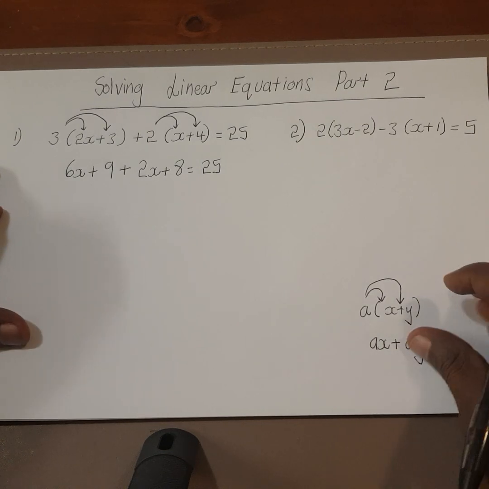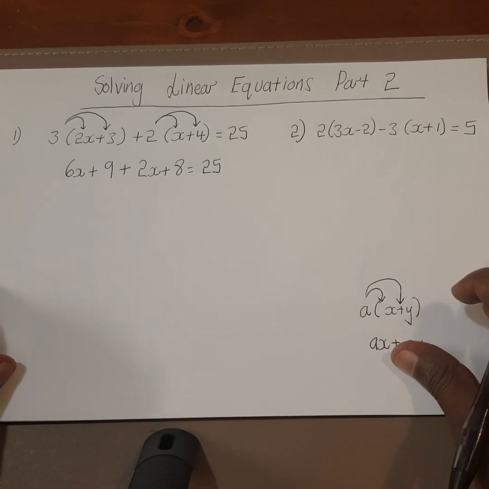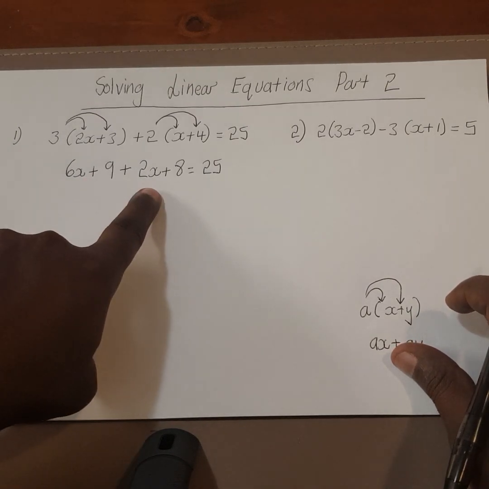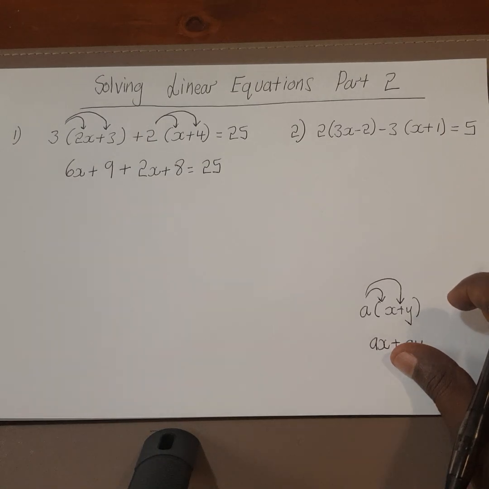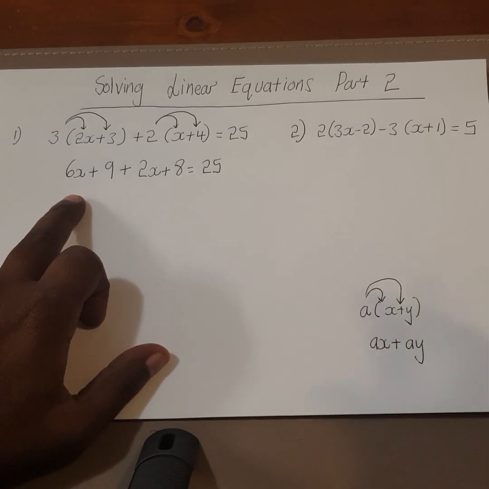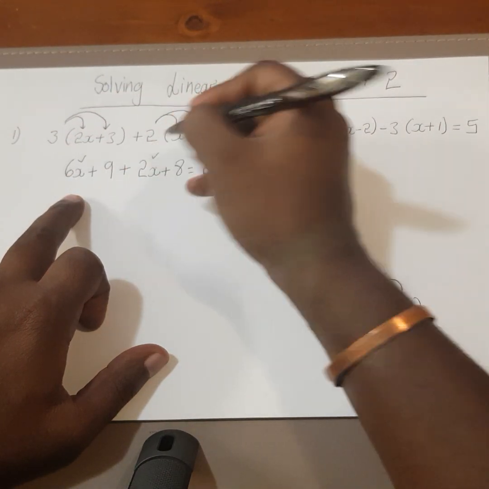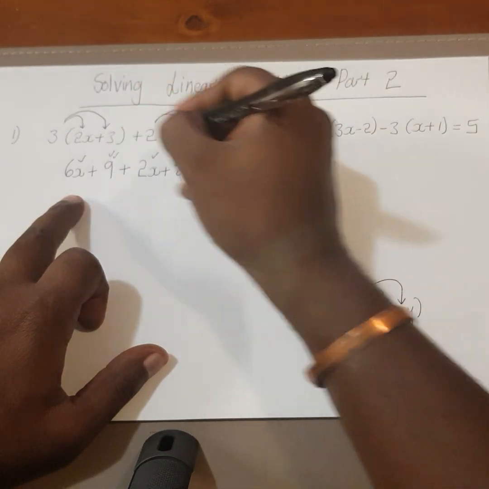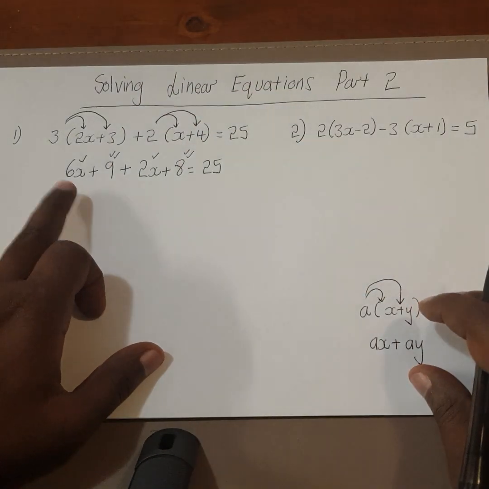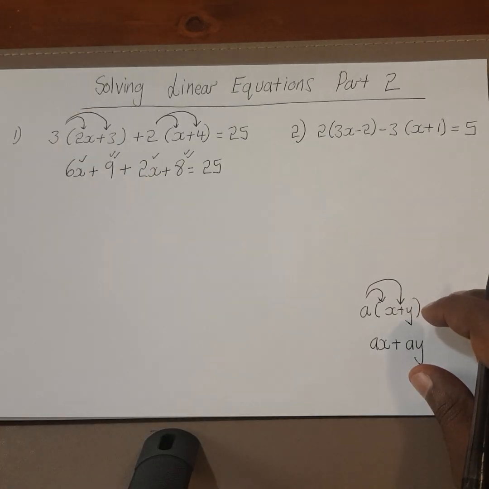All right, so what do we do? We group the like terms and the unlike terms in this case. If you look at it here, 6x and 2x are the same. I used the previous example where you put a tick to show the like pairs and then a double tick to show the other like pair. So 6x and 2x are like terms, 9 and 8 are like terms.